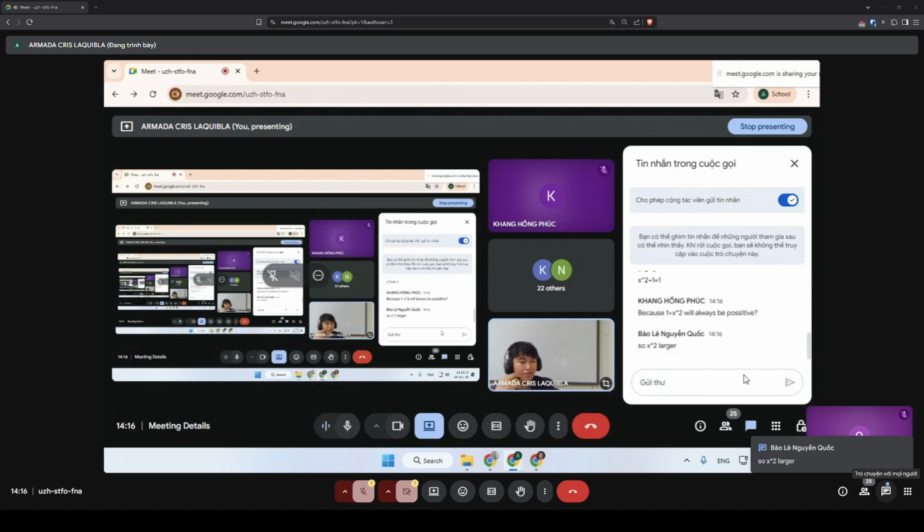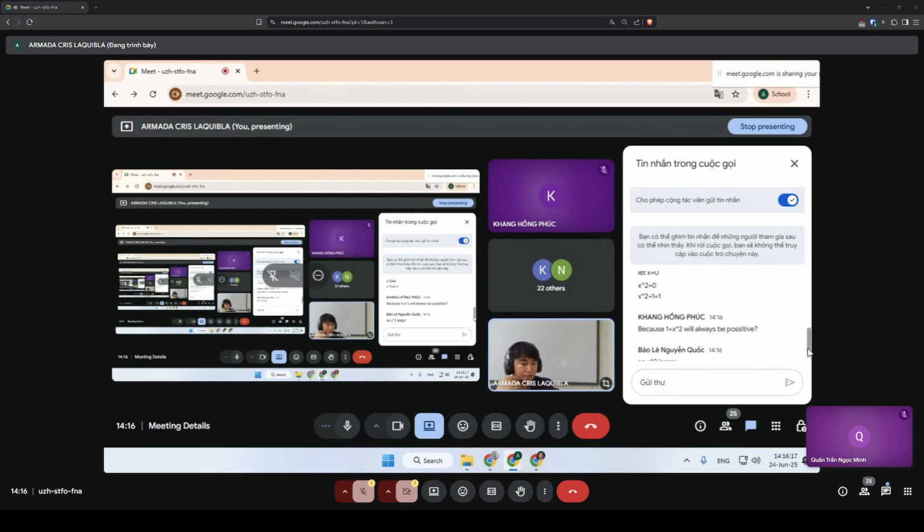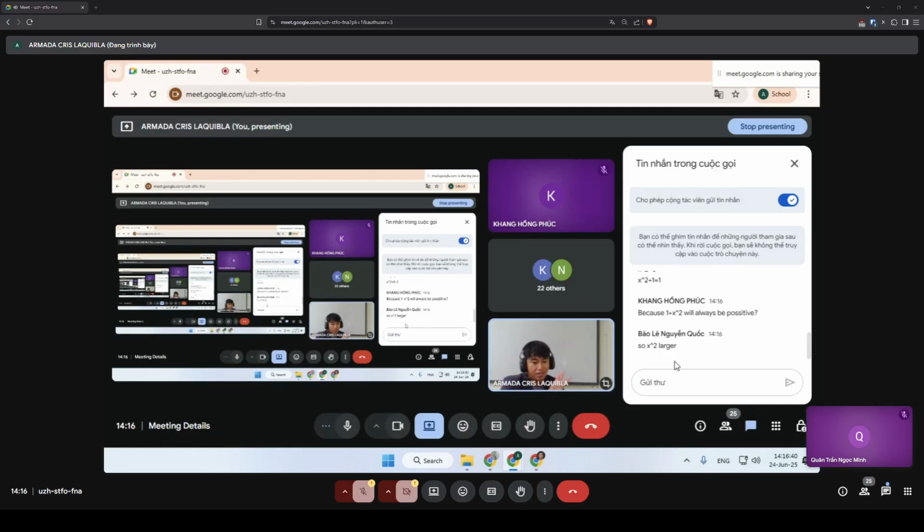The 2x squared is also positive. As you can see here, I multiply the x squared with 2, and then this one is only plus 1. Why is this higher? They're both x squared. Both of them contain x squared. Again, the smaller number is the 2x squared, and the larger one is the 1 plus x squared. Why is that so?